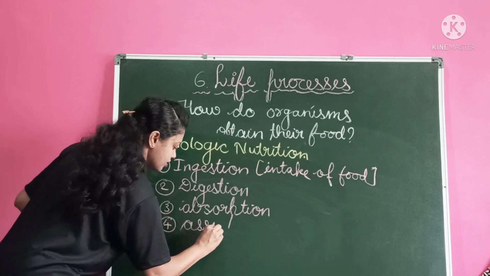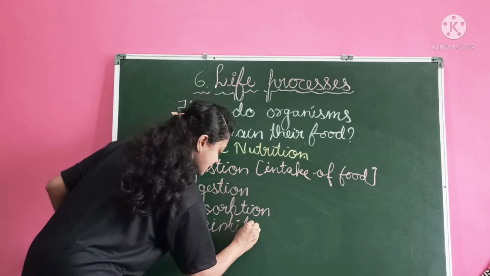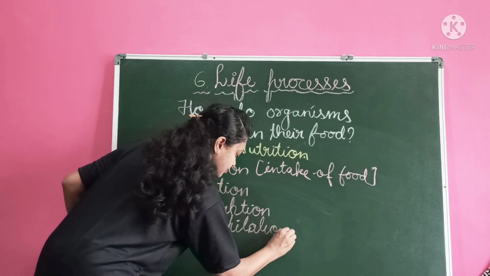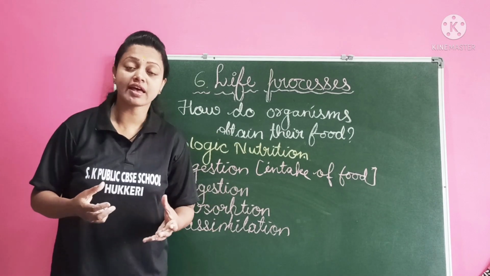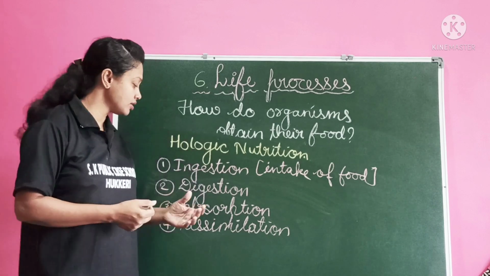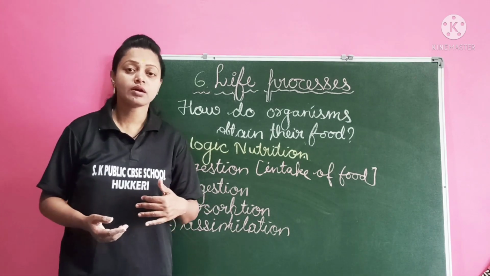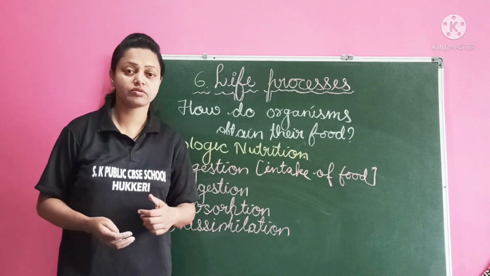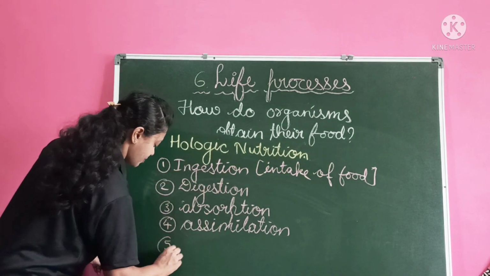The next step is assimilation. In assimilation, the nutrients are absorbed by the blood. All the nutrients present in the food are absorbed by the blood. The last one is egestion, the fifth step.